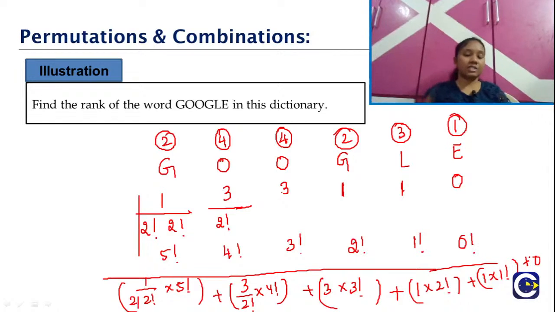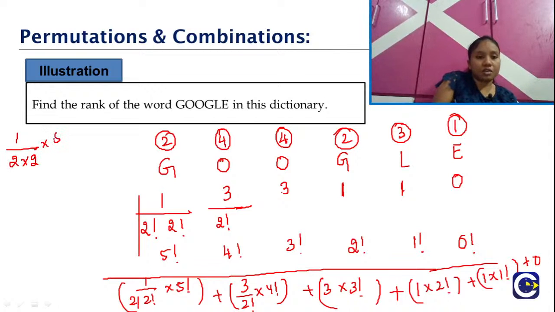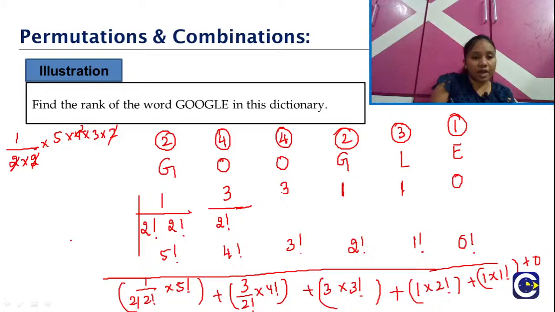So let's simplify this in order to get the value. So 1 by 2 factorial will be 2 and then this will also be 2. Here 5 into 4 into 3 into 2. So this 2 will get cancelled. 5 6 are 30, so this will be the value, 30.